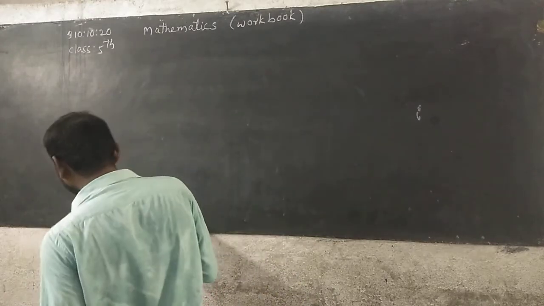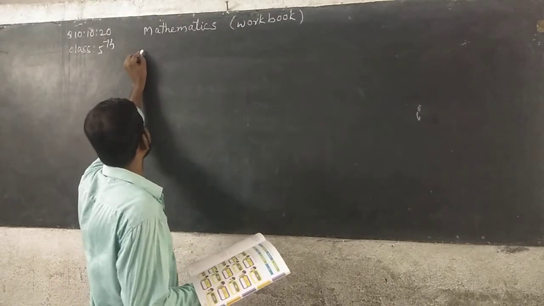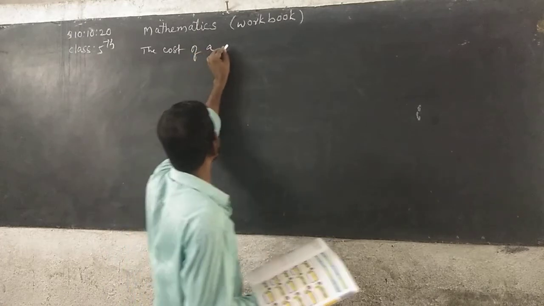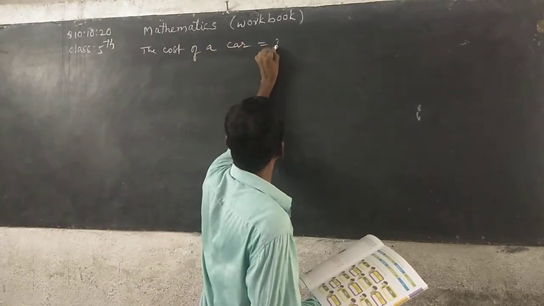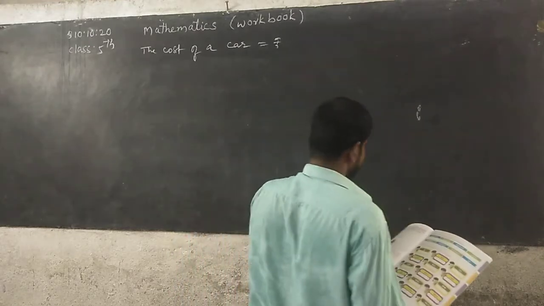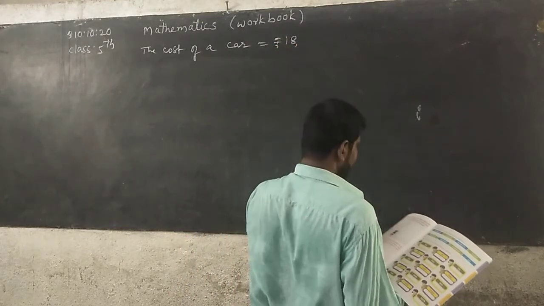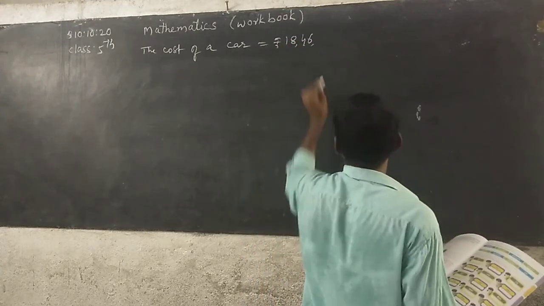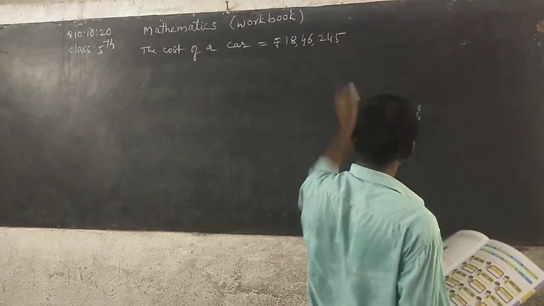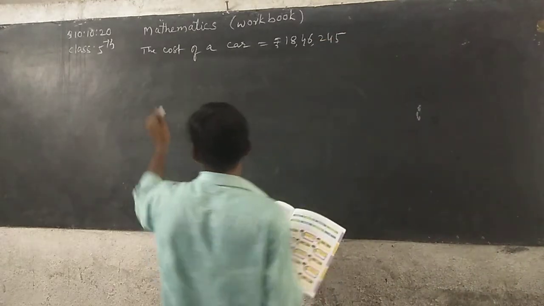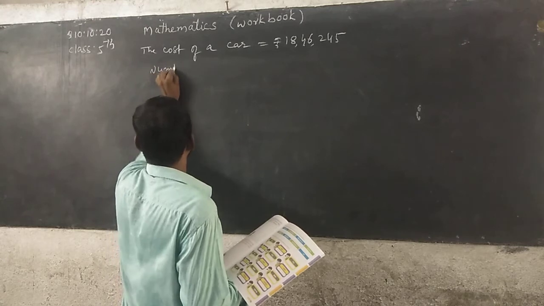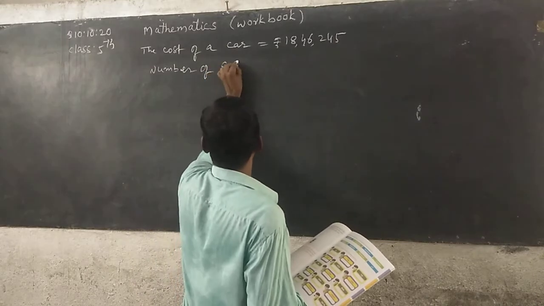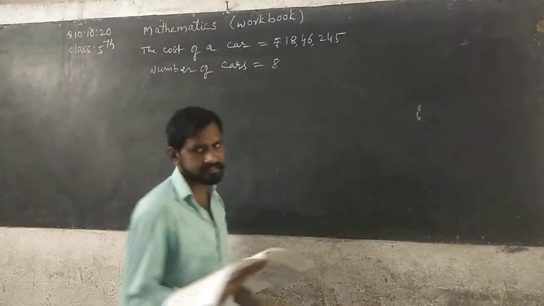See here, the cost of a car is equal to 18 lakh 46,245. Number of cars is equal to 8.